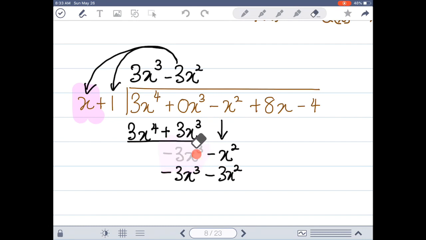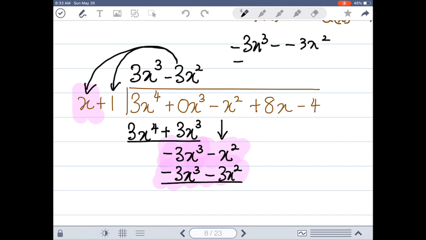Again, top minus bottom. So line that up. We can easily see that the first part, negative 3x cubed minus minus 3x cubed, becomes negative 3x cubed plus 3x cubed, which will become 0. So here becomes 0, but we do not write that down. Just leave an empty space there.